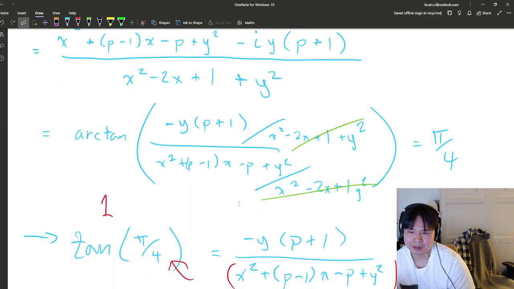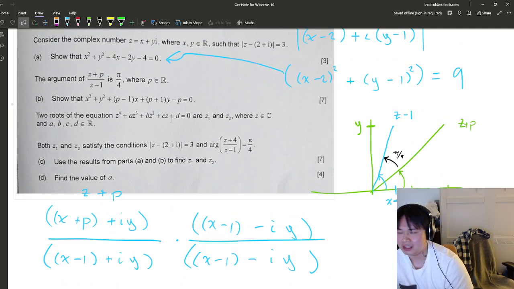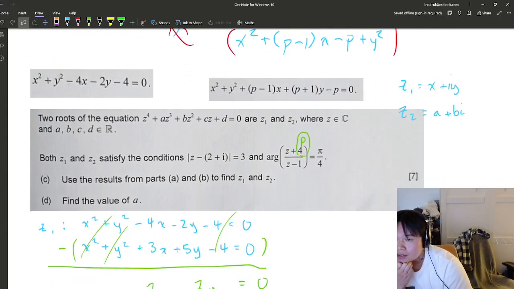Oh, I shouldn't use A and B because A and B are already used in the polynomial.